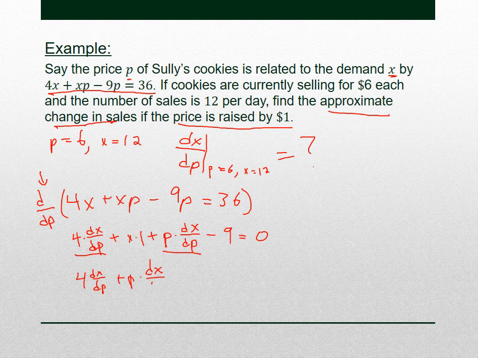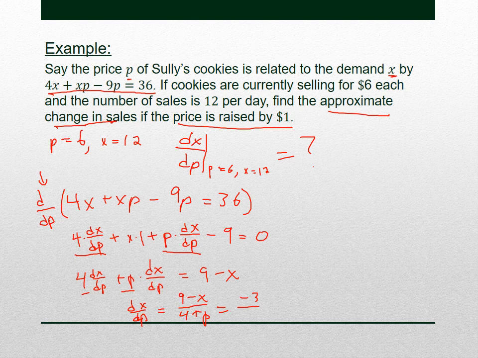So that's 4 dx/dp plus p times dx/dp equals, and then the negative 9 when you move it over is positive 9, and the plus x when you move it over is minus x. And then we can factor out a 4 plus p, and we'll divide by that to get dx/dp is (9 minus x) over (4 plus p).